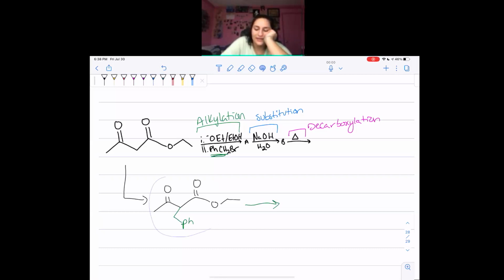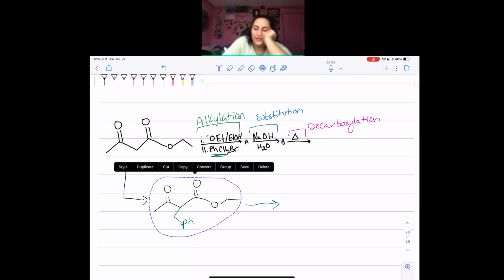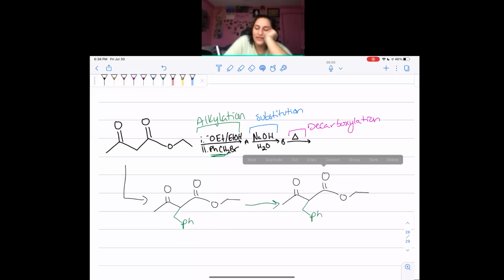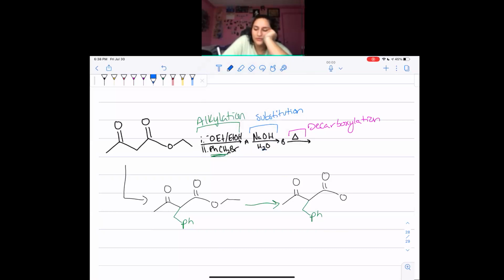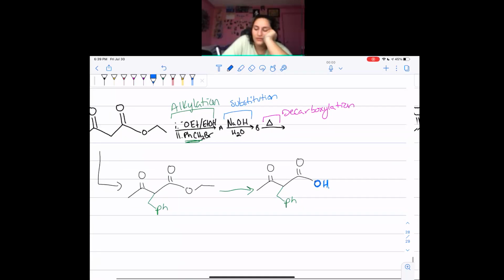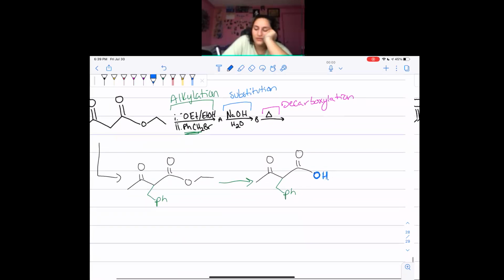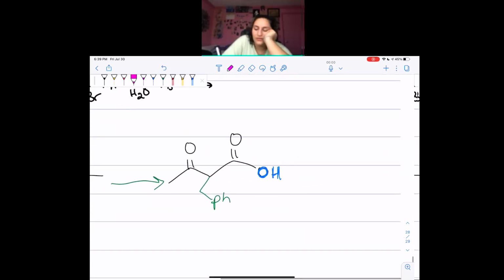So we take this guy, and all we do is replace the ester with NaOH, because that's how you do a nucleophilic substitution. Last step, we're going to do a decarboxylation, which is a little bit weird, so we will draw it out.